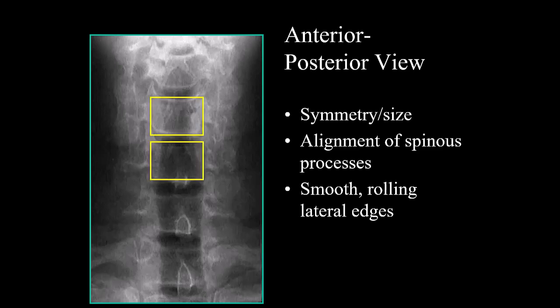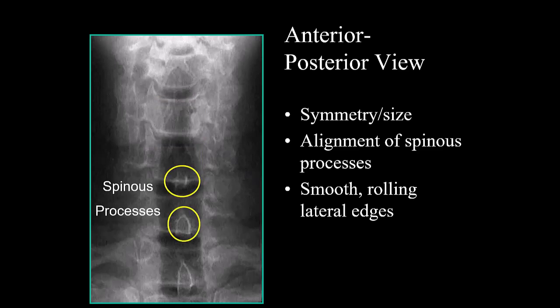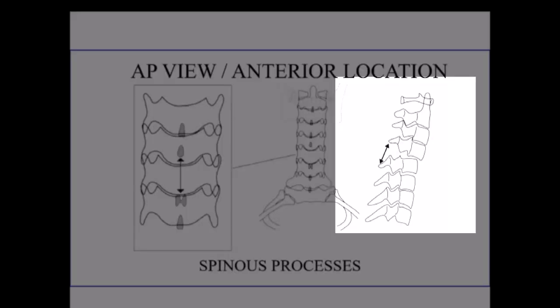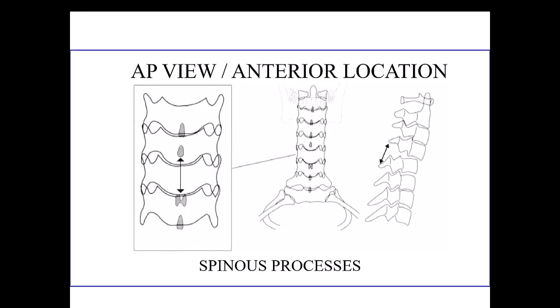Notice here that we have the two vertebrae, but I don't see the spinous process there. Could there be a problem? There's a spinous process here. Let's take a look at this lateral view, and we see that there is an anterior dislocation on the lateral. Can we see it on the AP view?